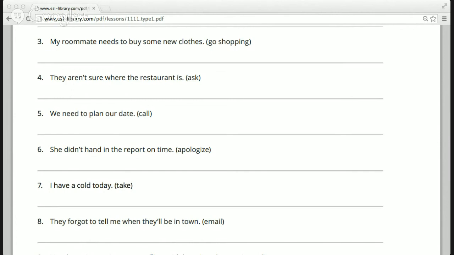Should we plan our date? Our verb here is call. So if we need to plan our date, we want to use the verb call in there.